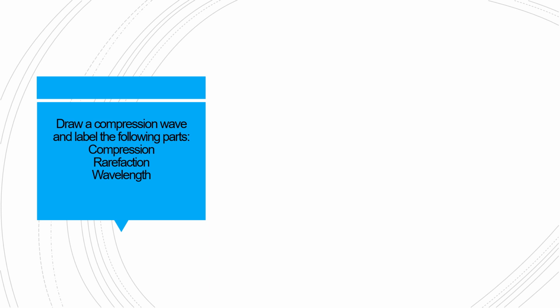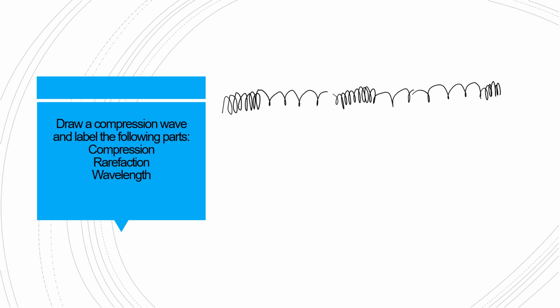Okay, so I'm going to go ahead and draw a compression wave here. And again, you know that I'm not very good at this, but I'll do my best for you. Now I'm going to tell you all the stuff that you have, with the exception of crest and trough.